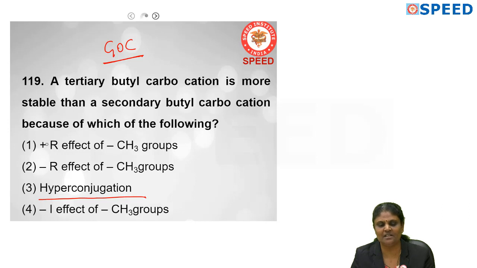Here the other three options are also given, that is plus I effect of CH3 groups, minus I effect of methyl groups and so on. I think these are all wrong. Hyperconjugation is the correct one.